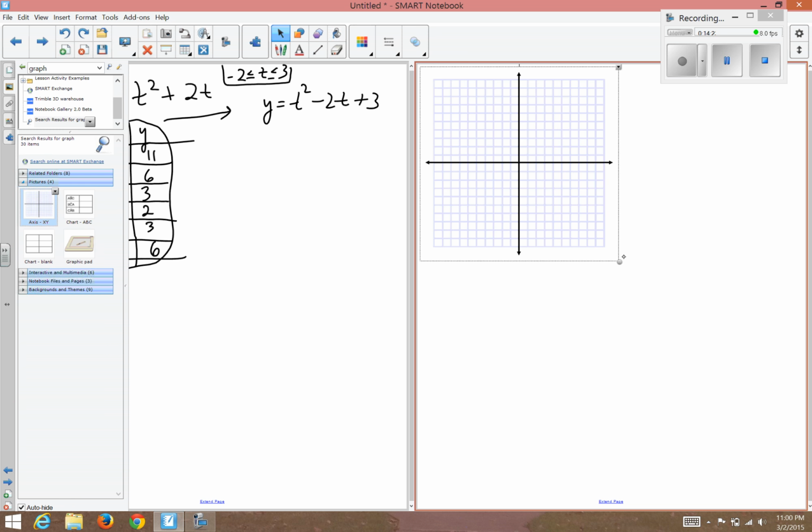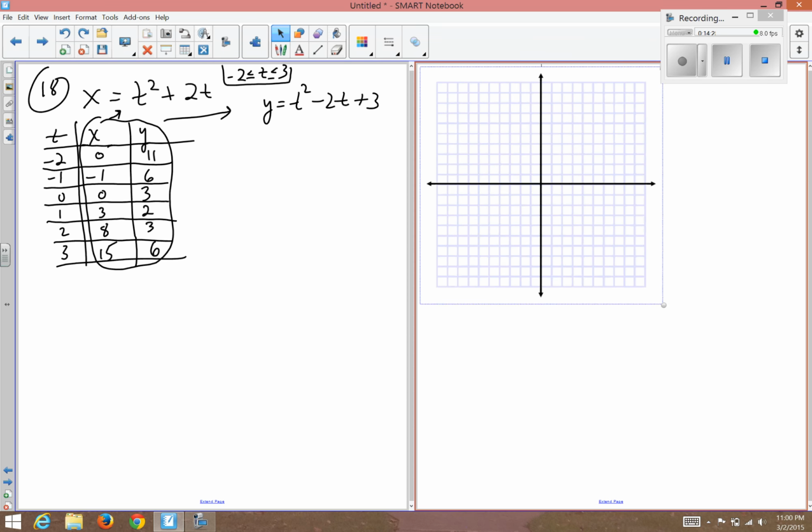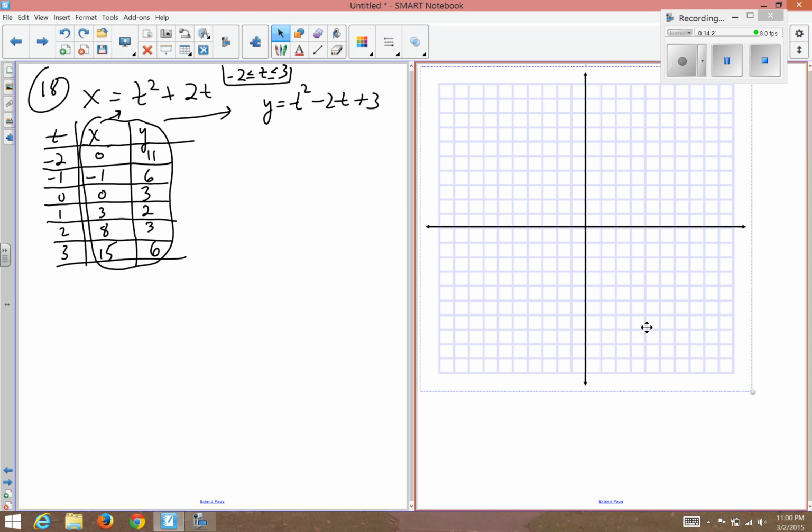Okay, so now the order these are plotted in can be important. So we're going to plot the points. The first point is 0, 11, which is going to be off this chart here, right about there. Then we go to -1, 6. So we went from that red dot up there to that one.